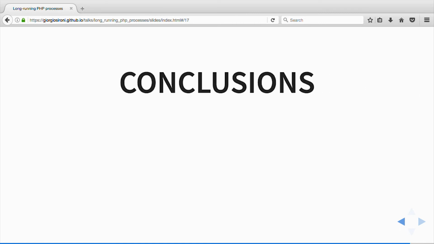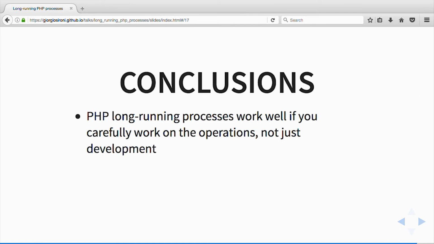So my conclusions here are: PHP long-running processes can work well. You don't have to write them in Erlang just because it's cool, or in Go, which is the newest, coolest kid on the block. However, you have to carefully work on the operations, on the testing of them, on managing them in production. You cannot just write a script, start it on a server, and go home, because problems will appear.